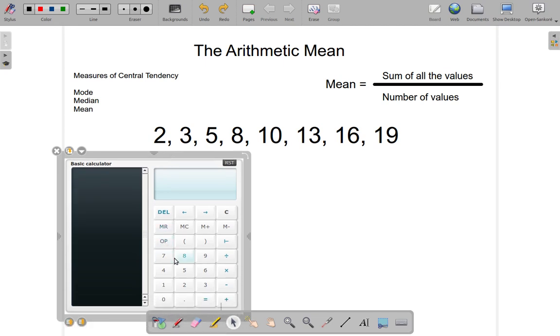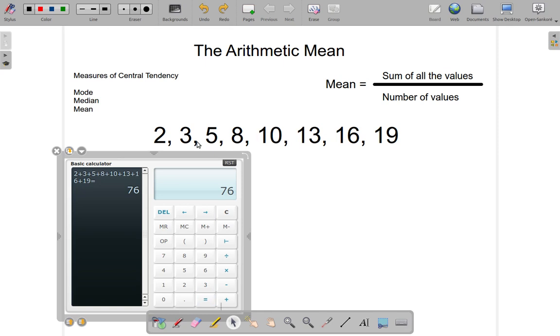and I have 2 plus 3 plus 5 plus 8 plus 10 plus 13 plus 16 plus 19 equals 76.